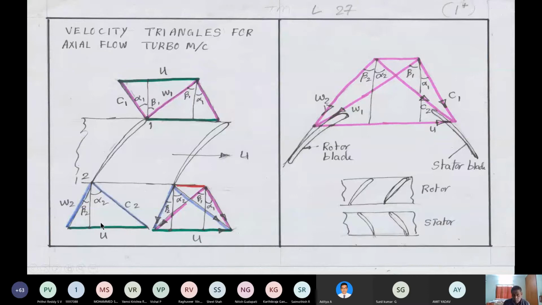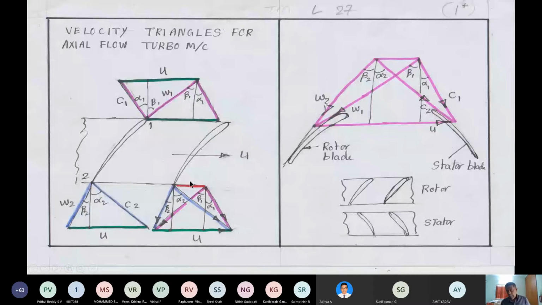So this way you get a combined velocity triangle on the same base U. Most of the discussion that follows today will be based on this combined thing. I may call it the combined velocity triangle or the velocity trapezium. It's a trapezium, two parallel sides and two adjacent sides.